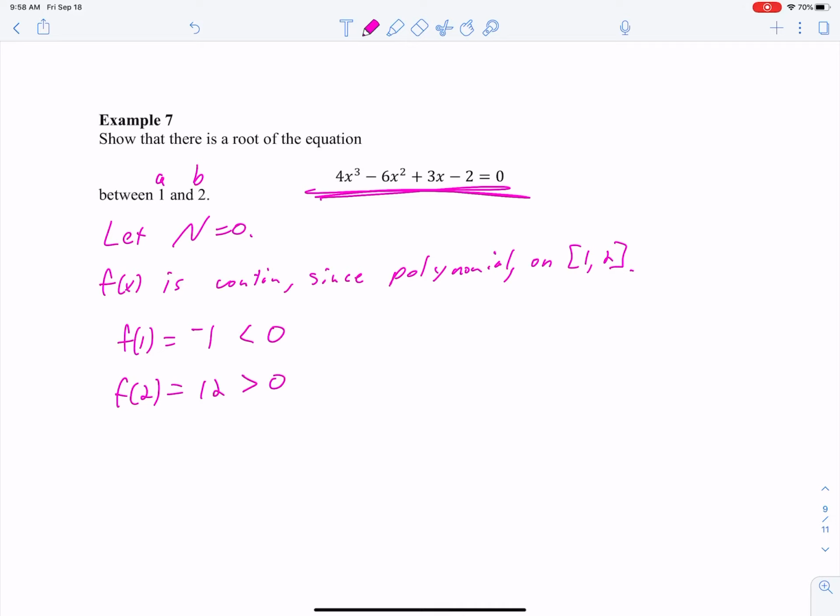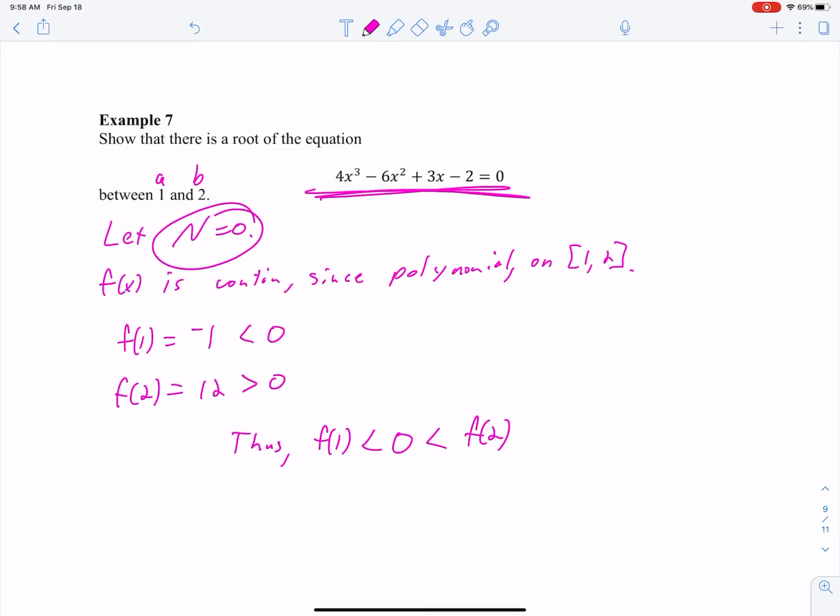So we chose n to be 0 because we want to show there's a root, an x-intercept, a 0. So 0 is between f of 1 and f of 2. So our n value is between f of a and f of b.